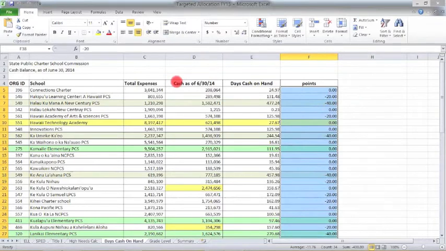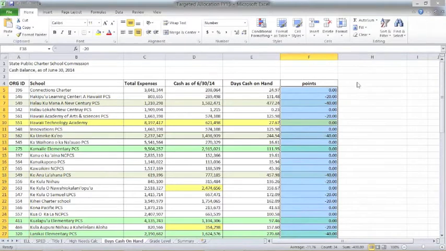So if you have 120 days cash on hand, which is 2 times the targeted amount, or 4 months of cash on hand, we deducted 20 points from your score. If you had higher than 240 days, which is 4 times the targeted amount, or approximately 8 months of cash on hand, we deducted 40 points from your score.